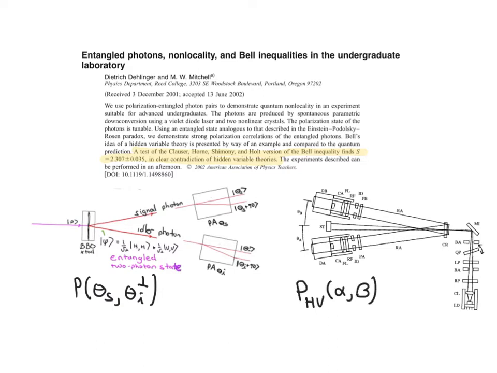So that just means that they've chosen to call the angular orientations of the analyzers alpha and beta, and then the HV here is Dehlinger and Mitchell's way of saying this is the probability that the signal photon comes out what corresponds to this port on the polarization analyzer, and the V here means that the idler photon is coming out along the bottom port. So it is just a change in notation, nothing deep here, but you don't want to get thrown by that.